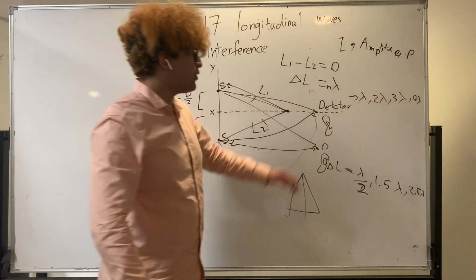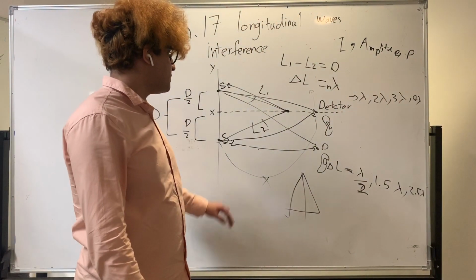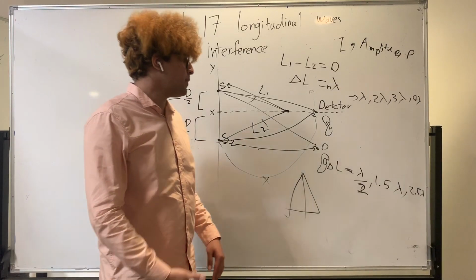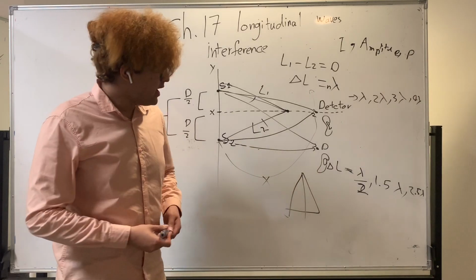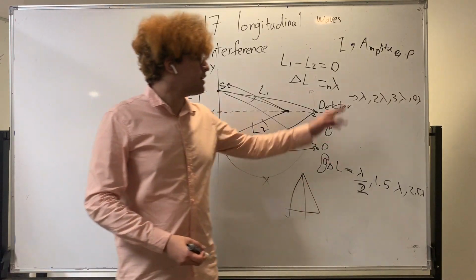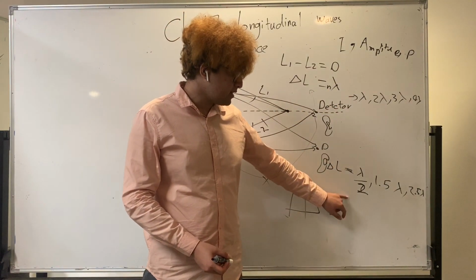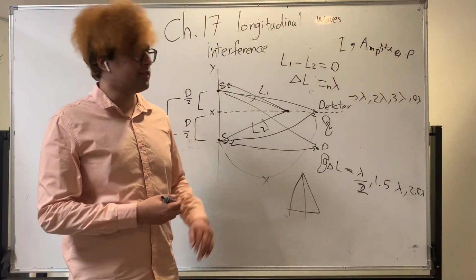The power, or the amount of energy transmitted through the wave, is going to be highest when you have completely constructive interference. And it's exactly the opposite in the case of completely destructive interference.